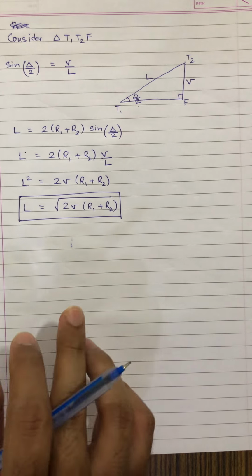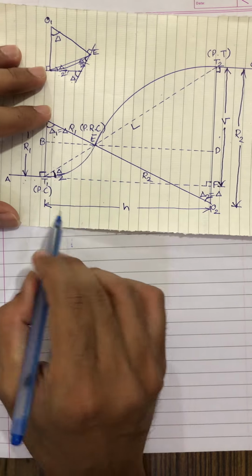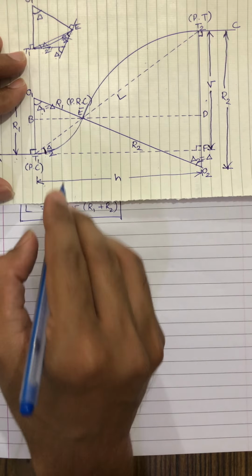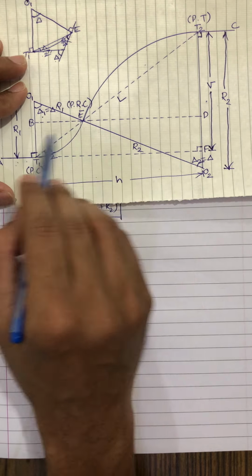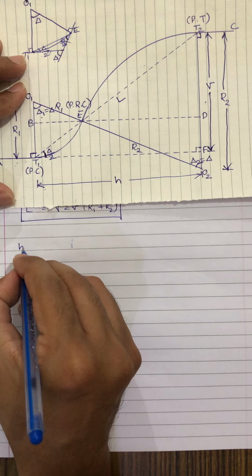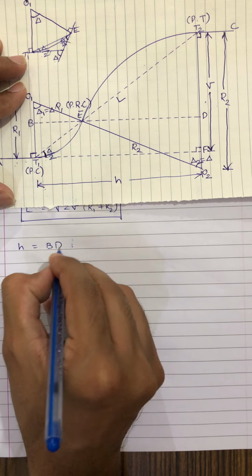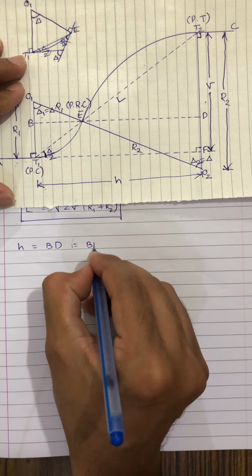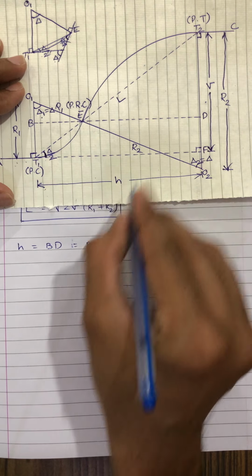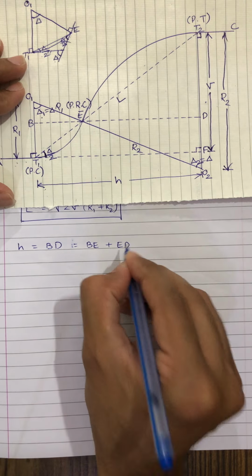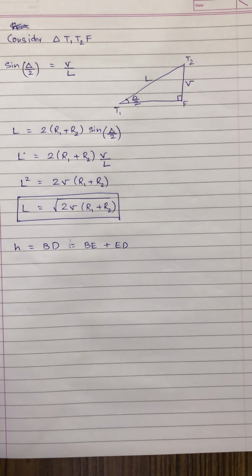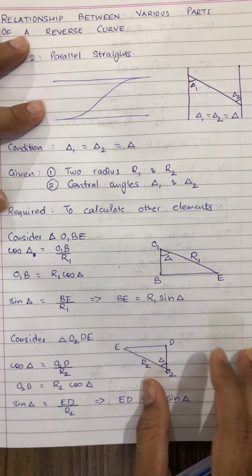Next, we need to find the horizontal distance h. This horizontal distance h is equal to this distance BD itself. Okay, h is equal to BD, and BD is equal to BE plus ED. BE and ED values we have already calculated over here.